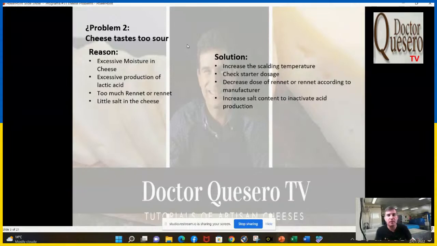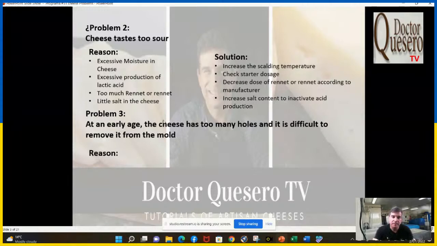Some of them can, but in general, when you put salt on your curd, especially dry salt, when we are making cheddar for example, the salt will slow down the acid production of your curd, and your cheese will not taste so sour or so acid. Okay, these are the two solutions.